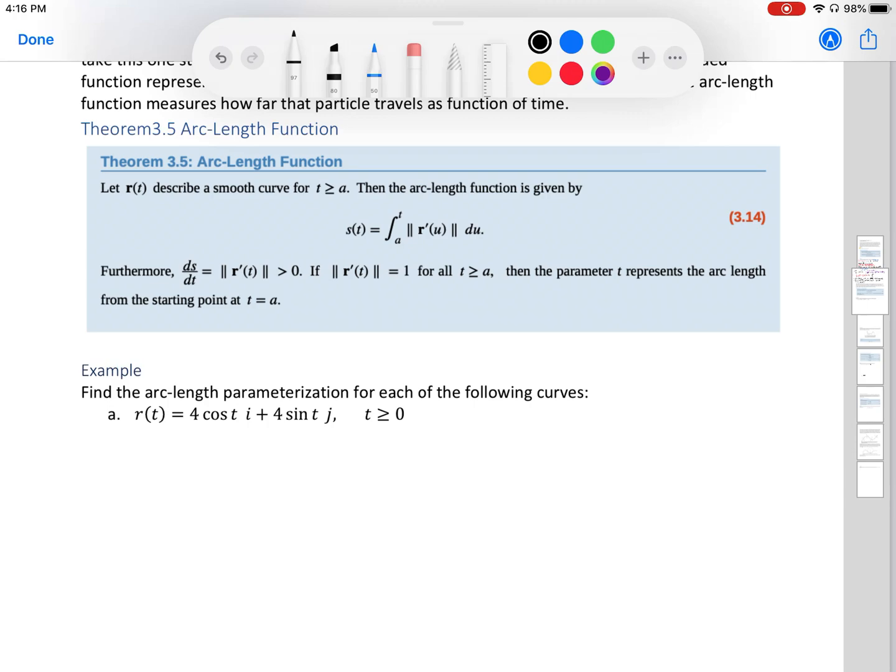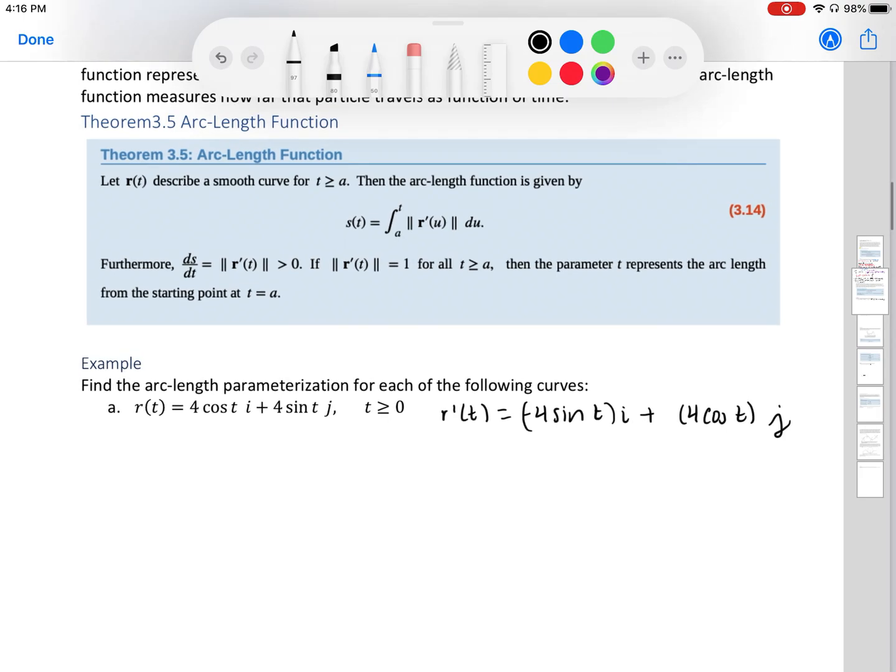So r prime of t is equal to negative 4 sine of t, since the derivative of cosine is negative sine, i plus 4 cosine of t j.